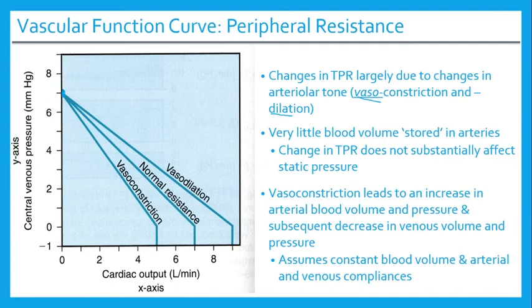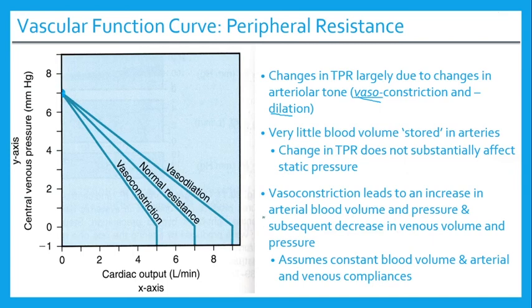But what happens is that when you change the size of the arterioles, ultimately you're affecting that arterial runoff, the amount of blood that's heading towards the venous circulation. And therefore, you're sort of limiting the amount of blood flow that can make it back to the heart. So when you have vasoconstriction, there is an increased arterial blood volume and pressure and then a decrease in venous blood volume and pressure, right?